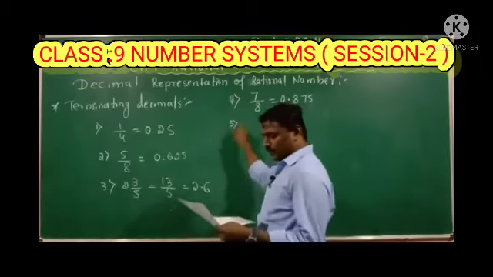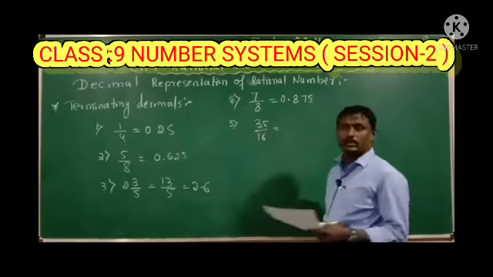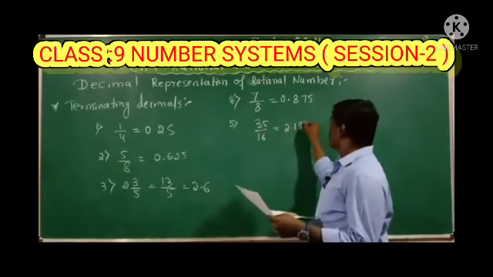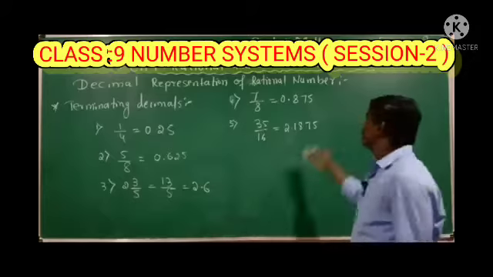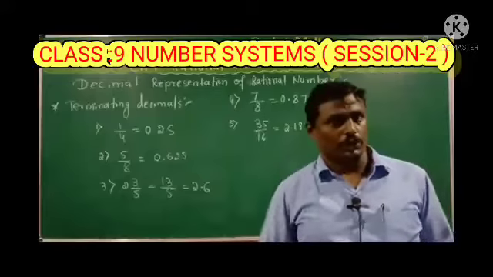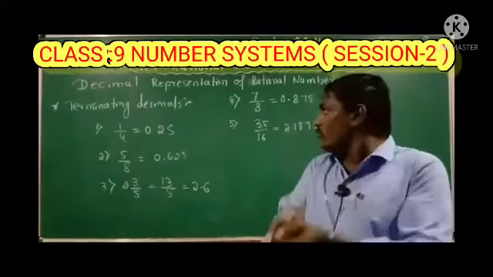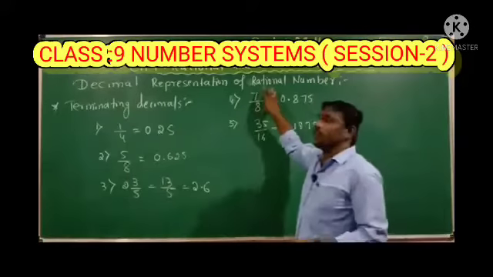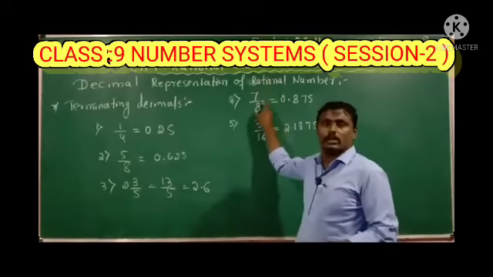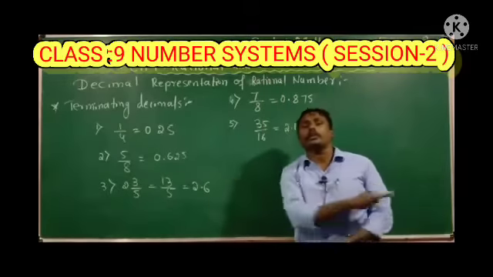Next, fifth one, 35 by 16. When I divide 35 by 16, I will get 2.1875. So these are some examples I am taking for terminating decimal expansions. Terminating decimal expansions means the numerator is divided completely by the denominator without leaving any remainder.